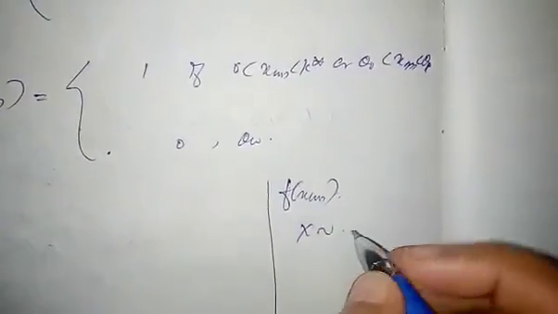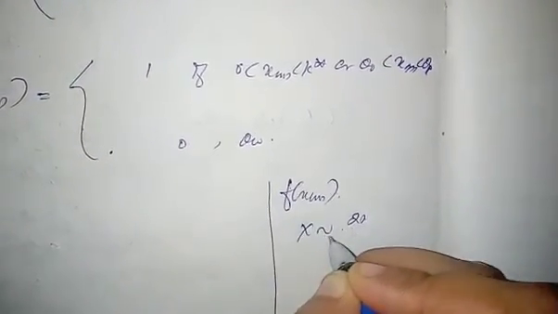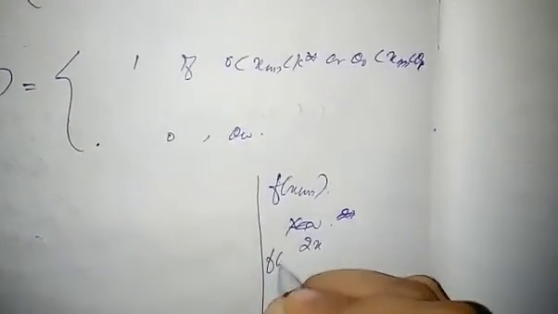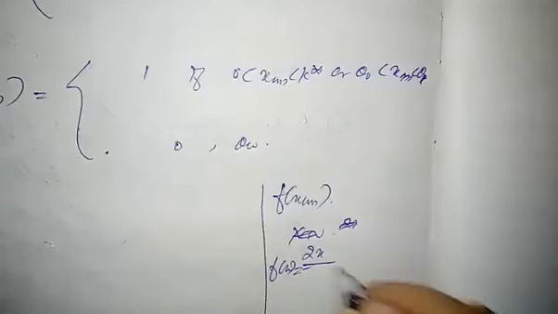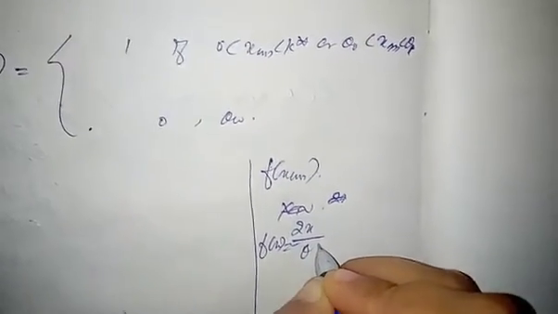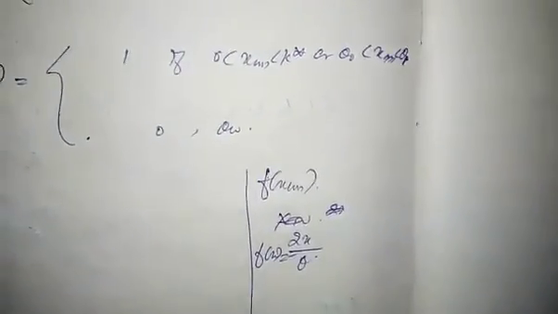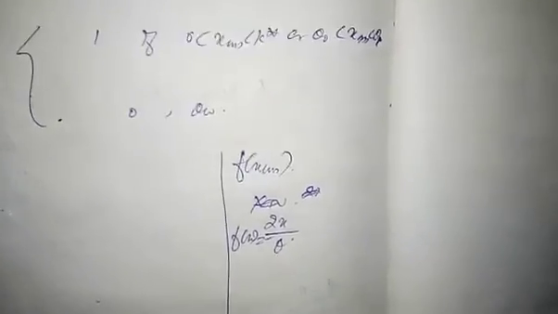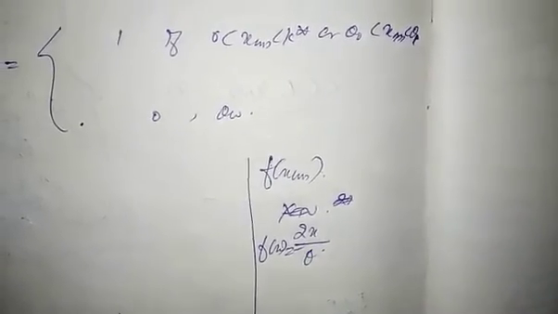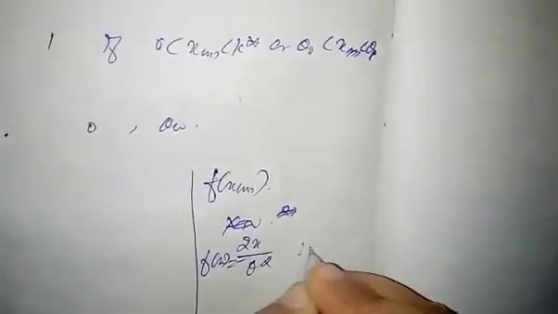Here x follows a distribution with the density 2x divided by theta squared, 0 < x < theta.